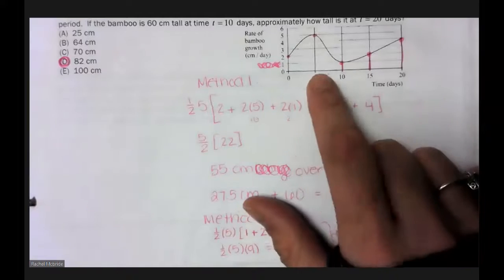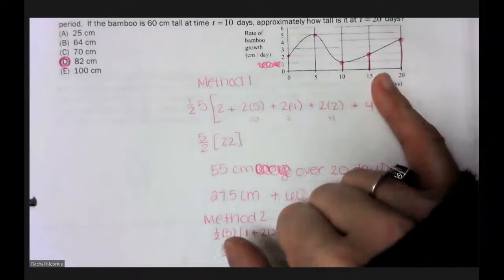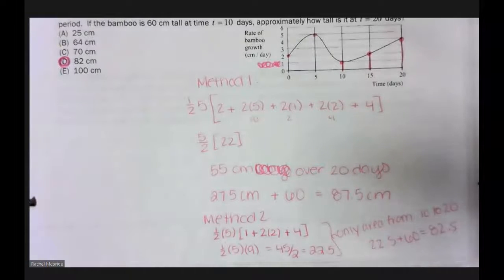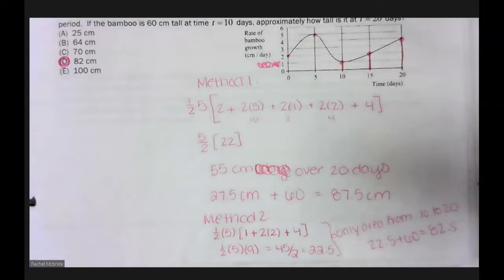So the points at 0 and 5 meant nothing. So that was using 2 trapezoids of smaller width. And then you had to add back to that the 60 from the initial.